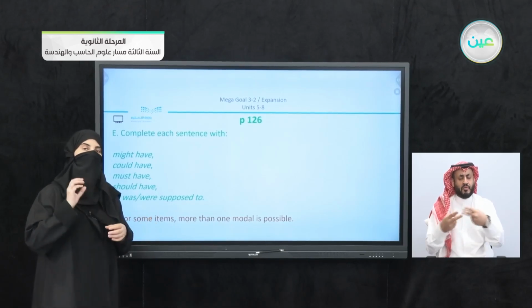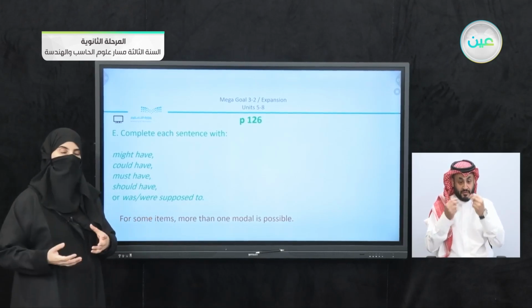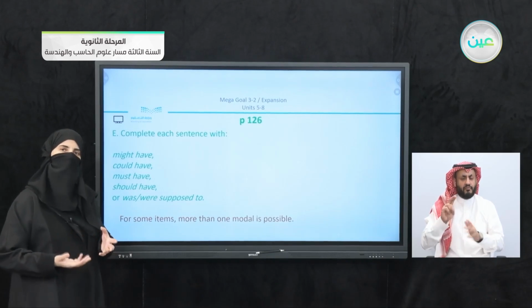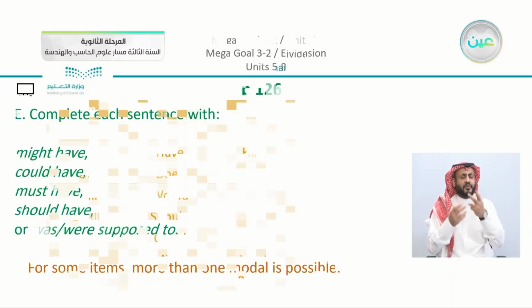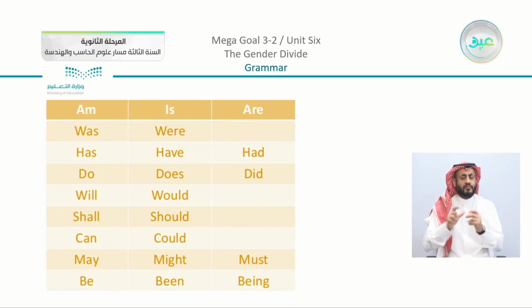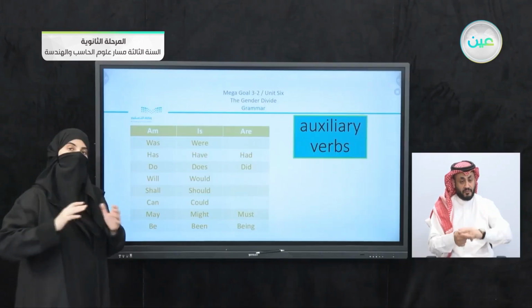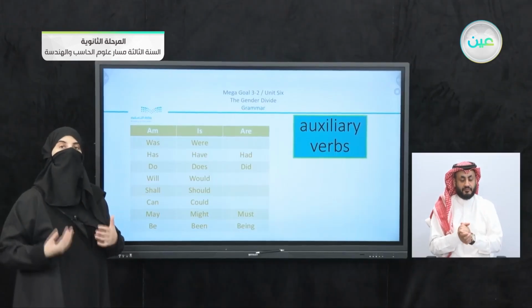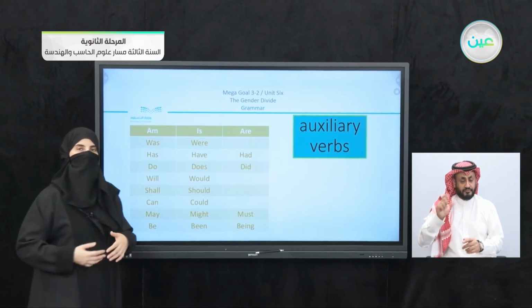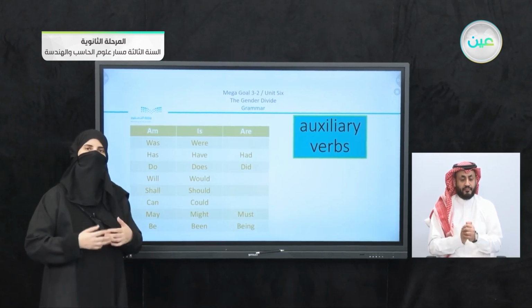So here I want to focus on the word modal, if you remember. Now what are modals? What did we study about modals here in our semester? Just to recall, these are the auxiliary verbs that I mentioned before, and some of these auxiliary verbs are called modals. As we say, we have here is, are, and am, they are verb to be.